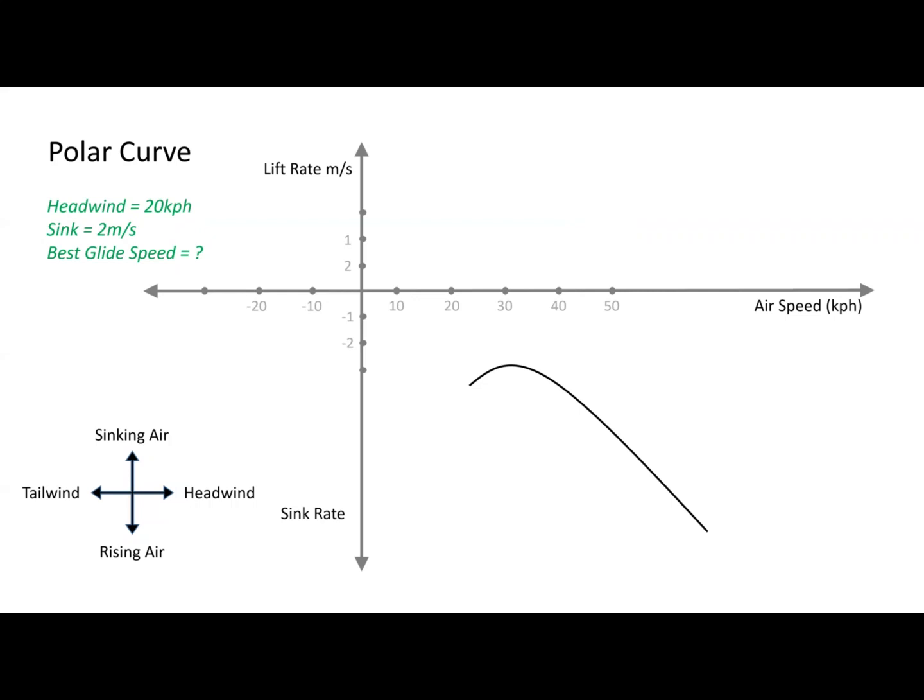So you go, I've got a headwind of 20, I've got sink at 2, where did it join? That's my start point. There you go. And it finds that it's quite fast. You probably, with your wings, won't be able to reach that near.